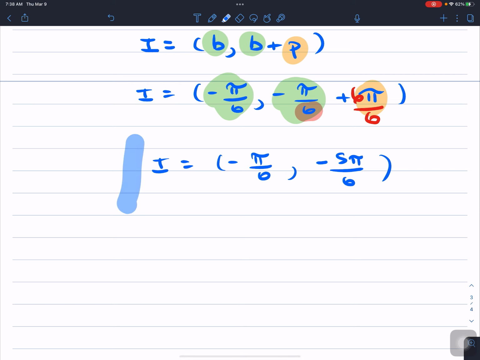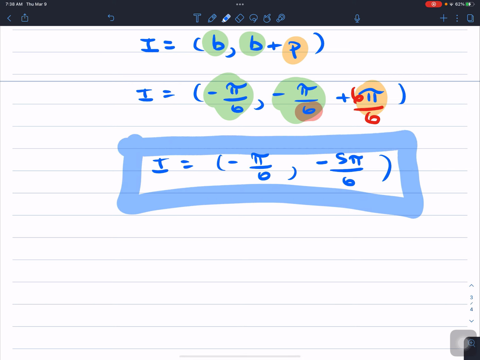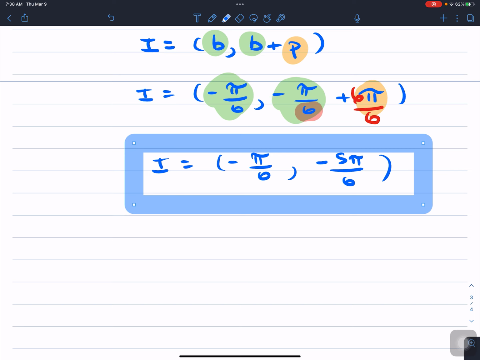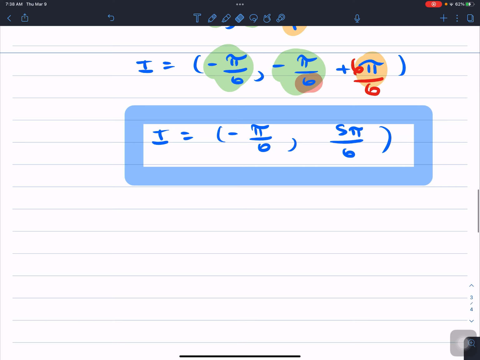There you go. This is the what again? That's my key, in all honesty, ladies and gentlemen. Oh, positive. Sorry, that's my key. Okay. Negative pi plus 6 pi is positive.